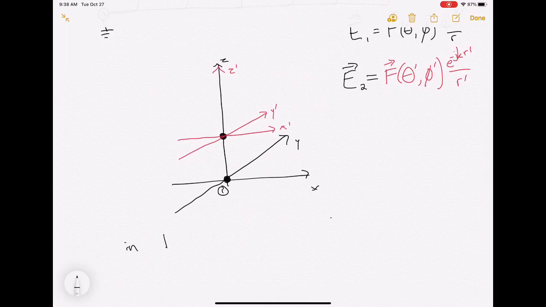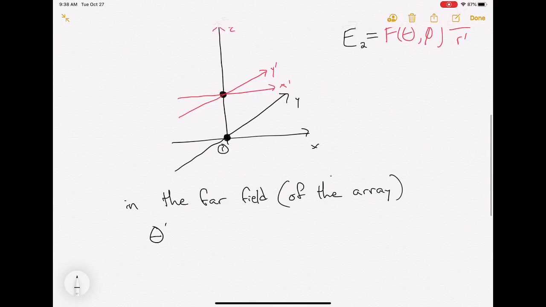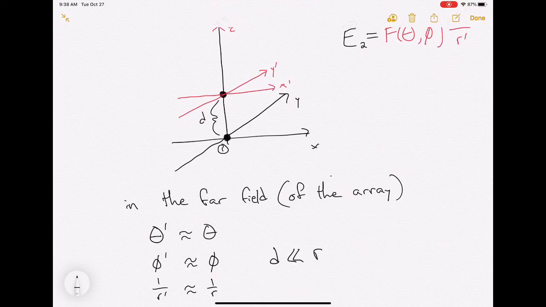If you're in the far field of the array, then theta prime is approximately equal to theta, phi prime is approximately equal to phi, and 1 over r prime is approximately equal to 1 over r, because the distance between these two antennas, let's name it d, is much less than the distance to the observation point.